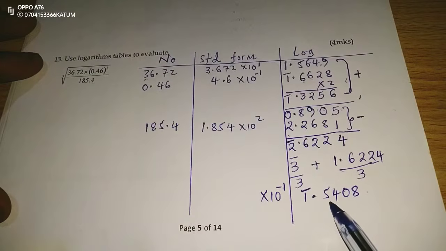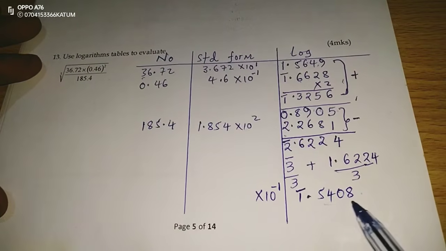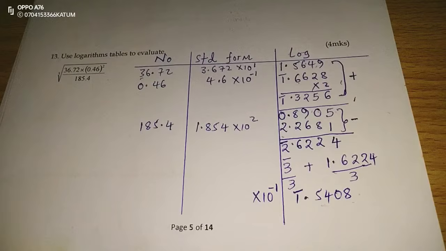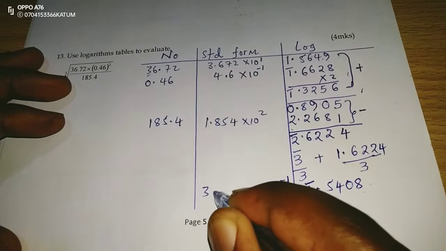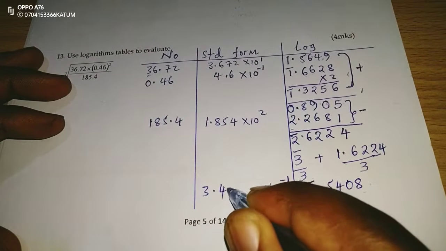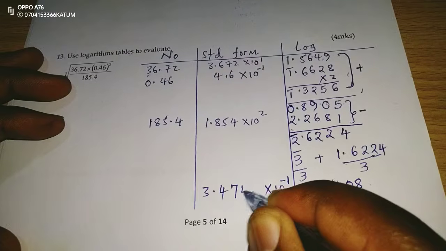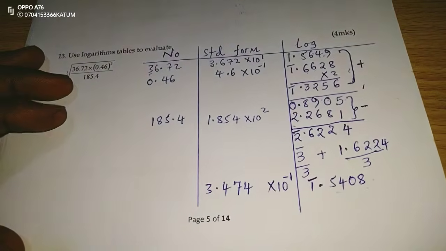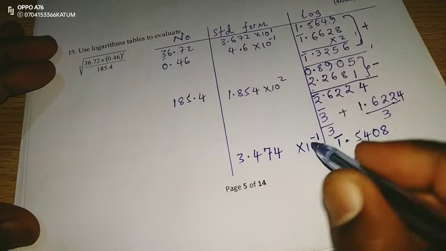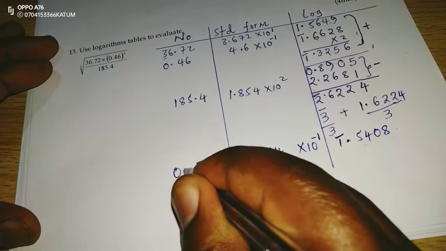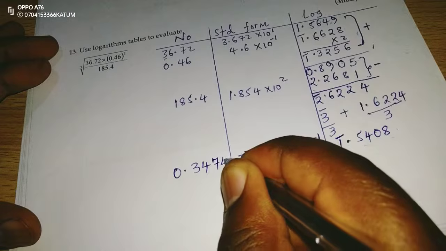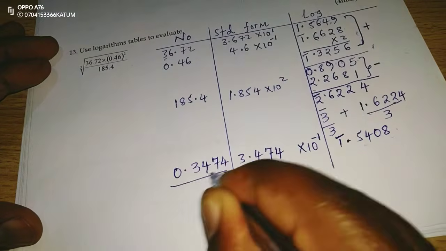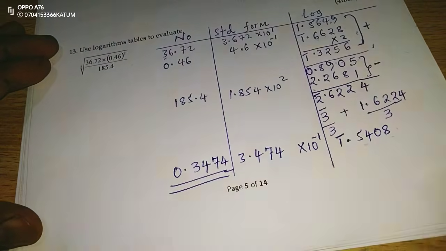Then we obtain the anti-logarithm of this portion, which is 3.474. So when we multiply with the power here, we have 0.3474.